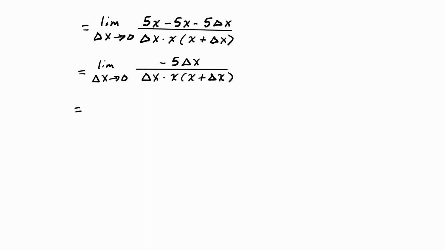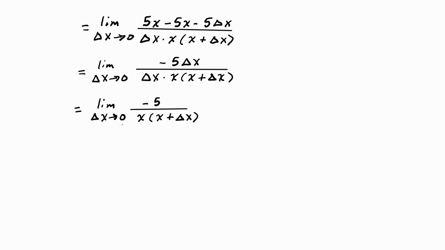This will equal the limit as delta x goes to 0. Now the delta x in the numerator and the denominator will cancel. So now we have negative 5 over x times the quantity x plus delta x.